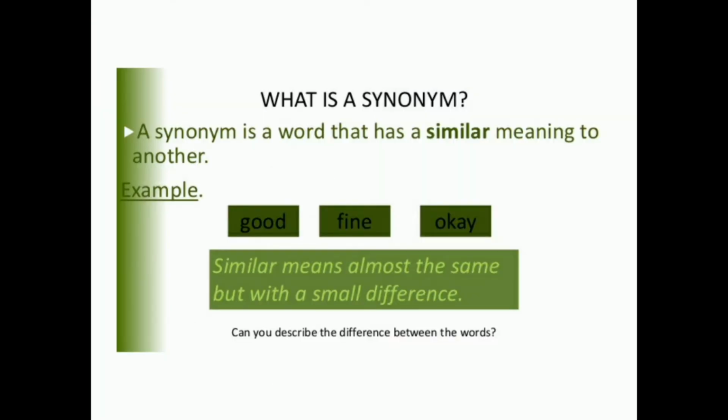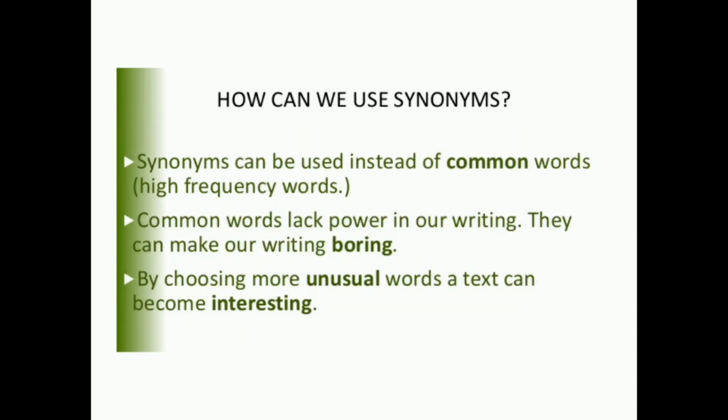What is a synonym? A synonym is a word that has a similar meaning to another. Example: good, fine, okay. Similar means almost the same, but with a small difference. How can we use synonyms? Synonyms can be used instead of common words.